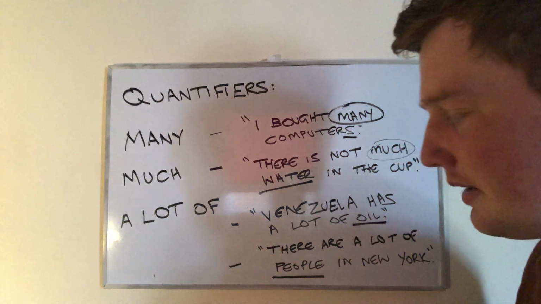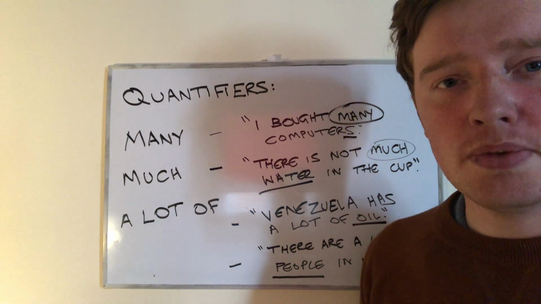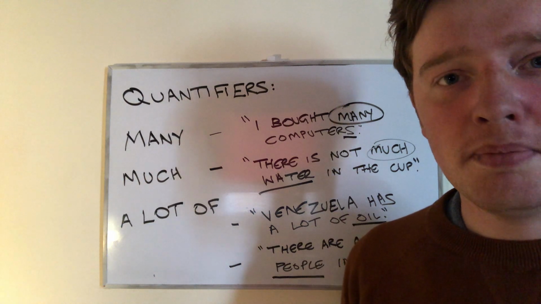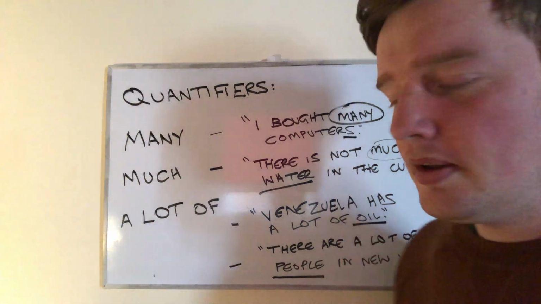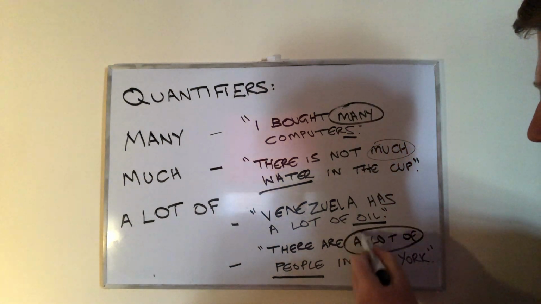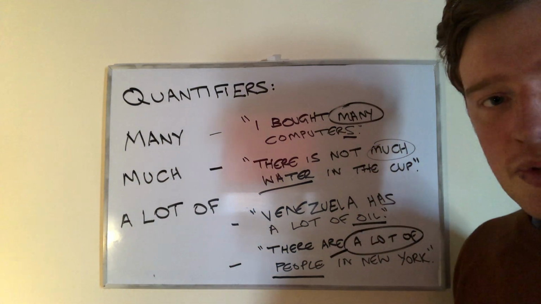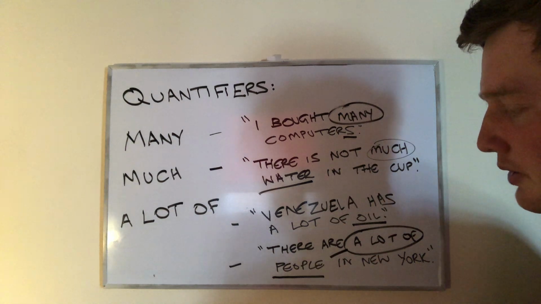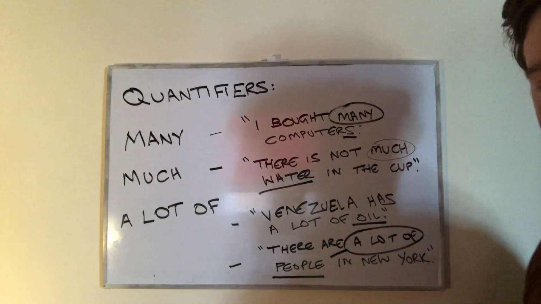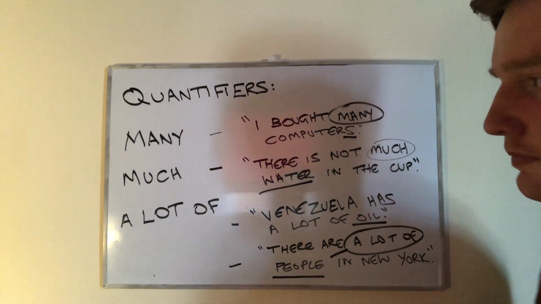Well, people is a countable noun because we can apply a number to it. For example, I could say there are over 8 billion people on Earth, so we know that people is countable. But notice here how a lot of can be used with countable nouns such as people. So a lot of is more flexible in that sense.